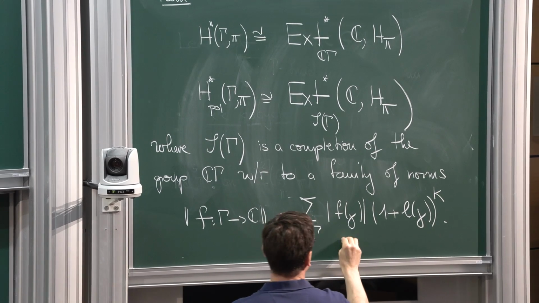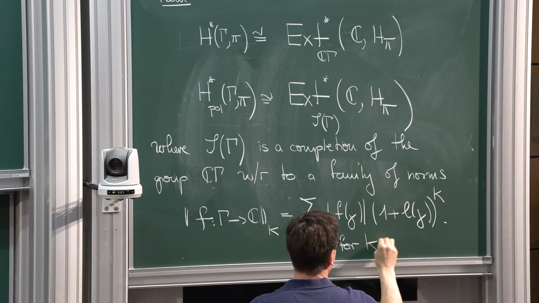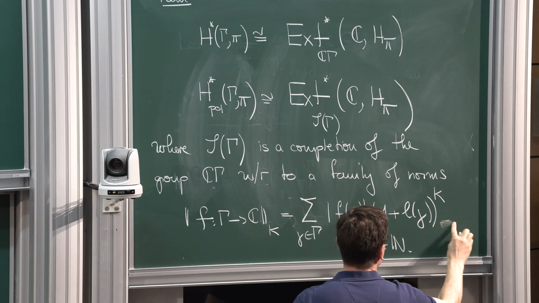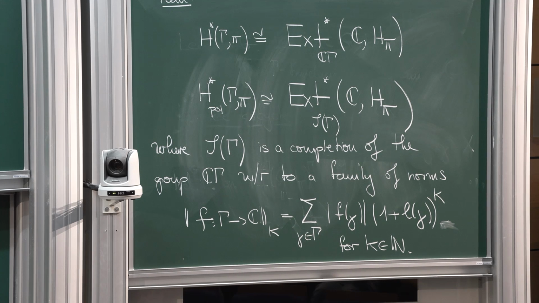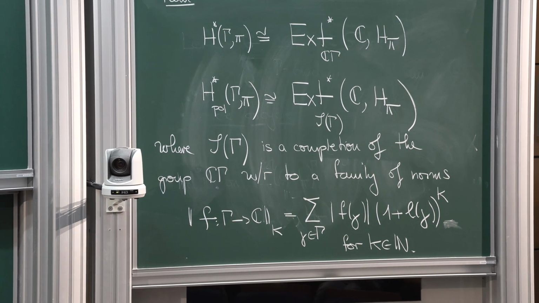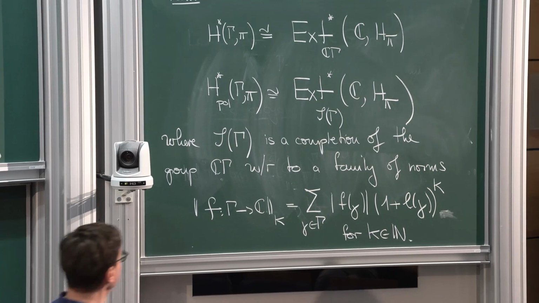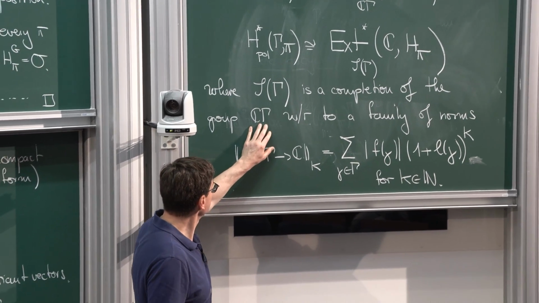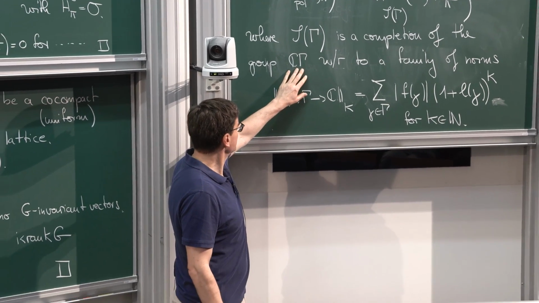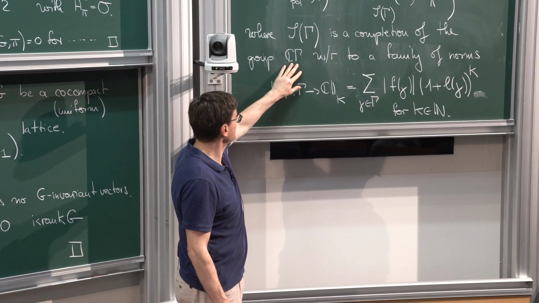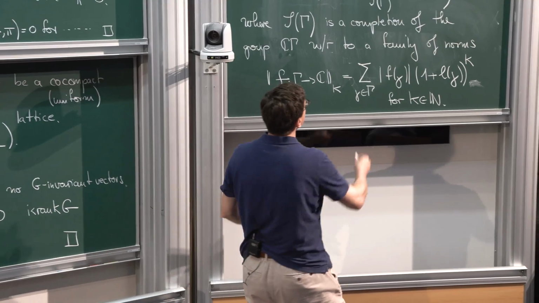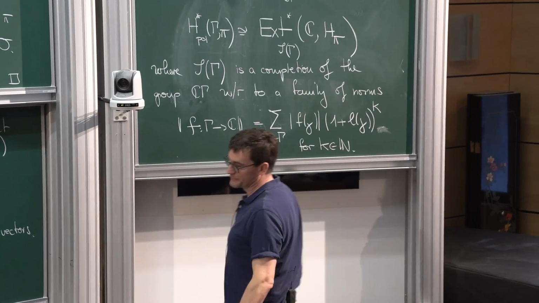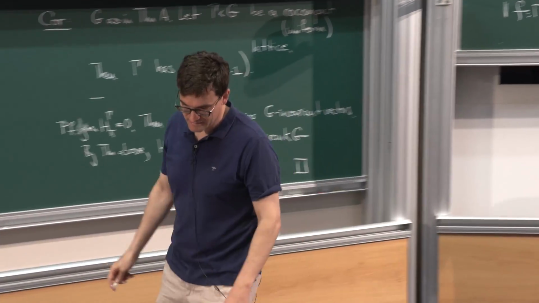So you can complete with respect to a family of norms, even seminorms. And what you will get is a Fréchet space containing the group ring as a dense subset, and it will actually still be an algebra. And then these guys here become modules over this algebra, and you can express it like that.